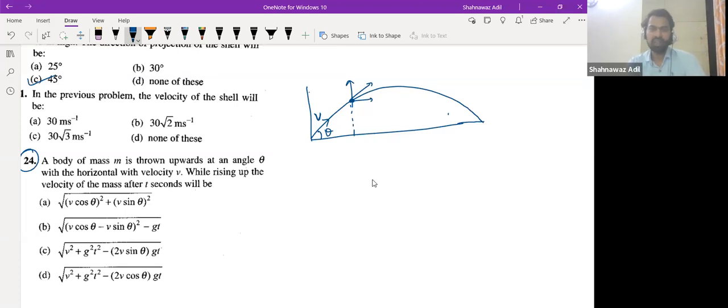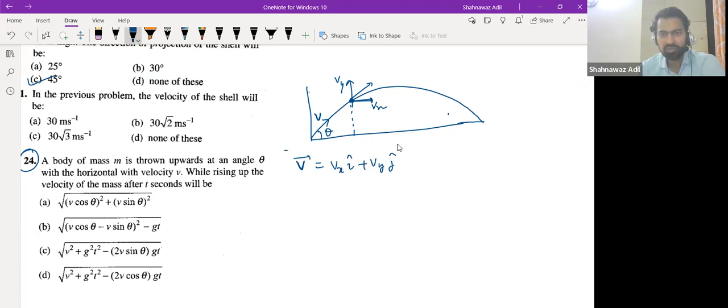So what are the things that we have to calculate at this point after t time? This is vector v. So we need two components, right? Vx and Vy at this point.